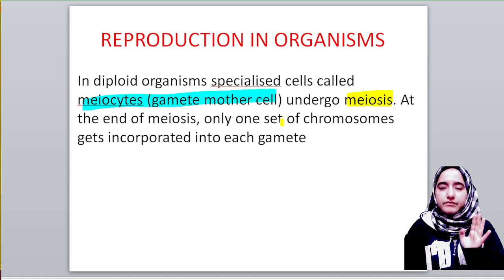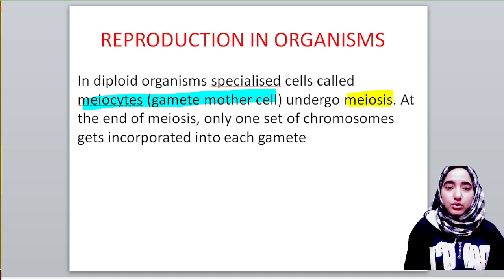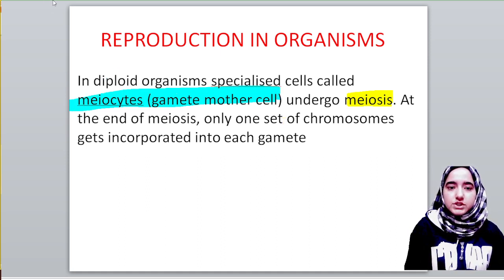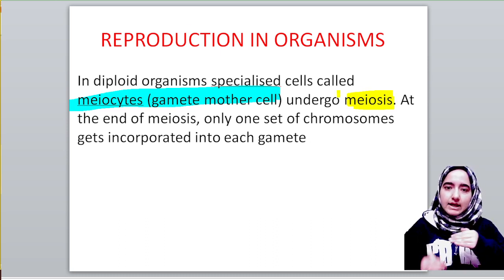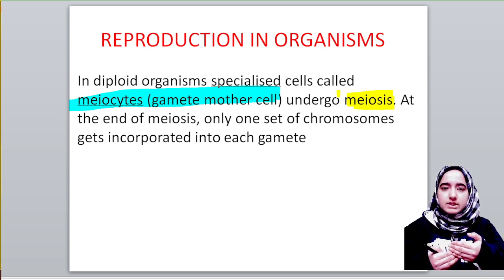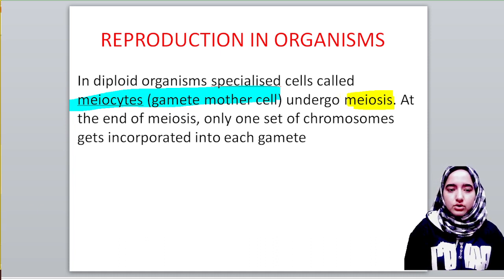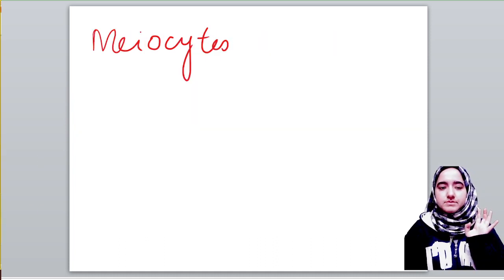After this we get only one set of chromosomes incorporated into each gamete. In human beings, we have gamete mother cells which undergo meiosis, and at the end of meiosis our gametes get only one set of chromosomes, not a pair. I hope this concept is clear.